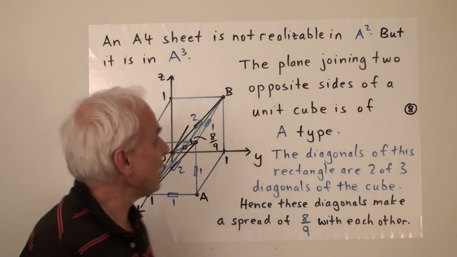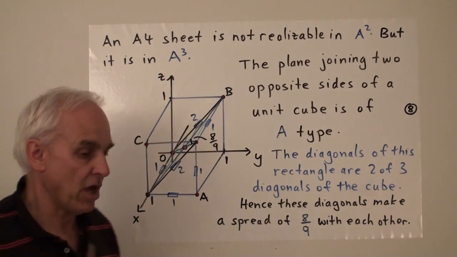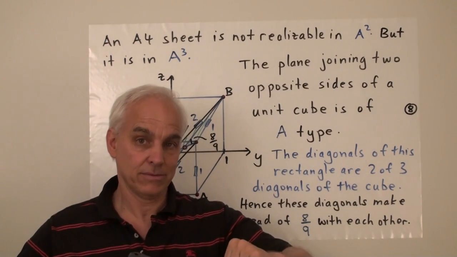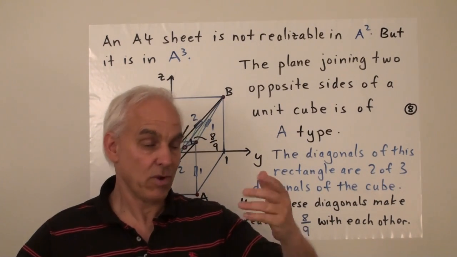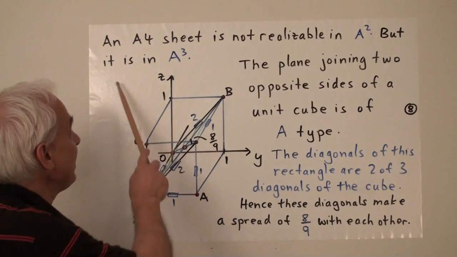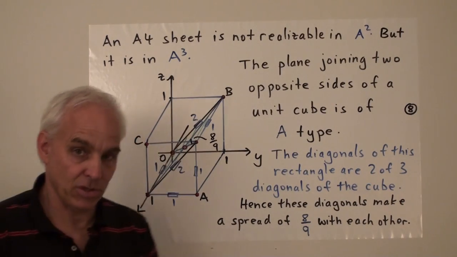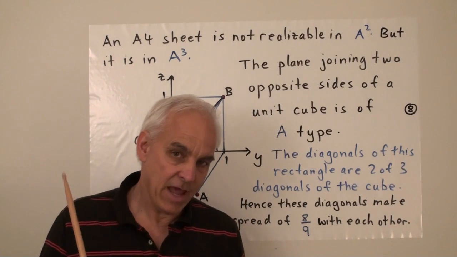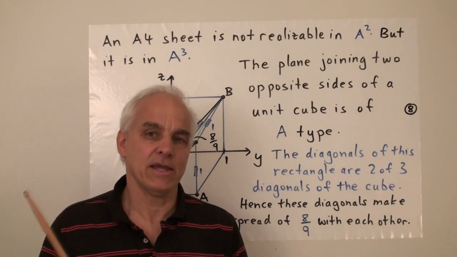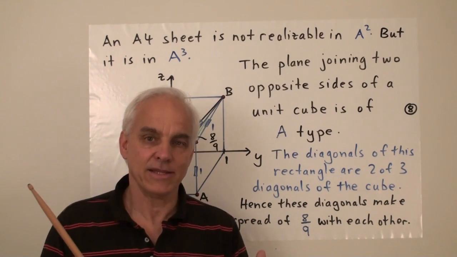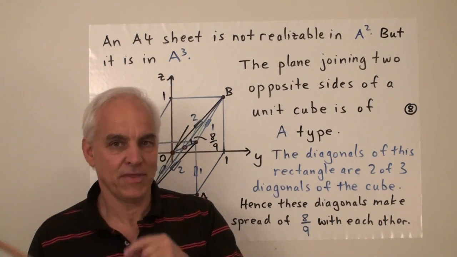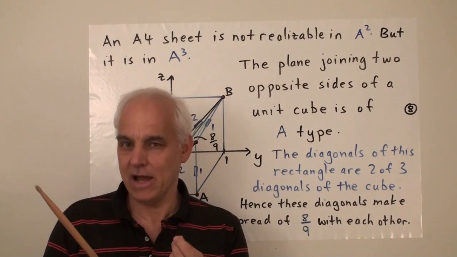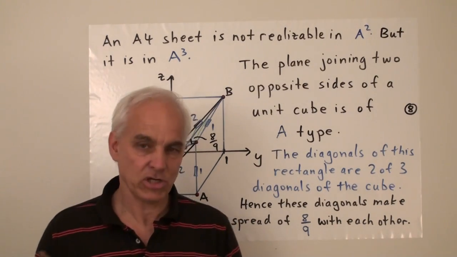In particular, it turns out that an A4 sheet of paper is not realizable in the ordinary two-dimensional XY plane, in the rational XY plane. But it is in three-dimensional rational space. And when we understand that, we get to see why the 8/9 that appears in the tetrahedron and the 8/9 that appears in the A4 sheet of paper are really the same 8/9. You can make that connection.